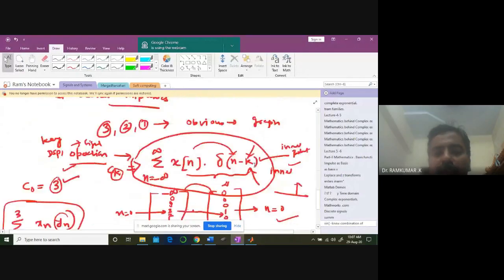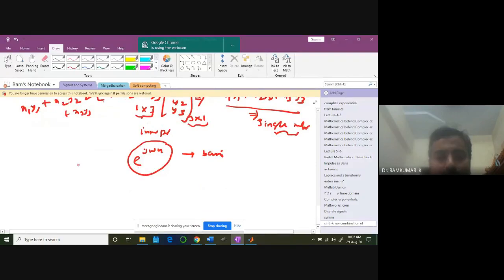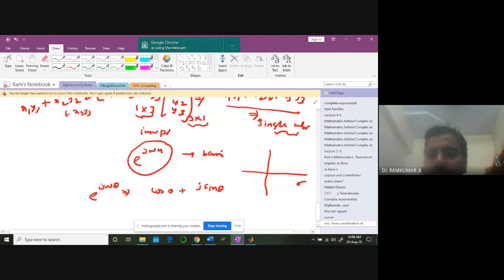Now, if we proceed to e power j omega n as your new basis, what are they? You already know e power j theta is equal to cos theta plus j sin theta. So naturally, you are now thinking in terms of a complex plane where there is a real value and an imaginary value. So for any particular omega I choose, it's going to look like a vector.